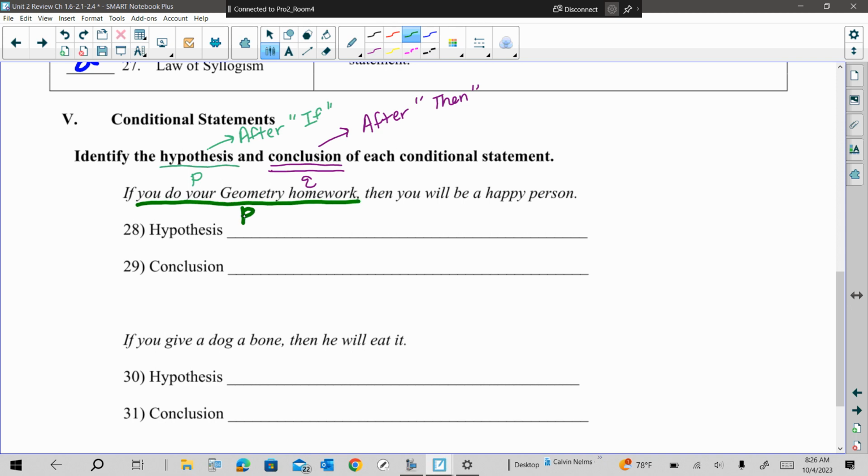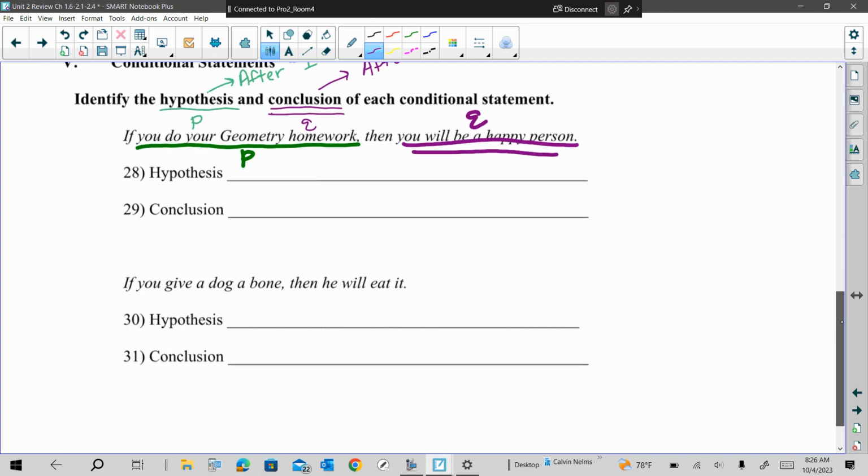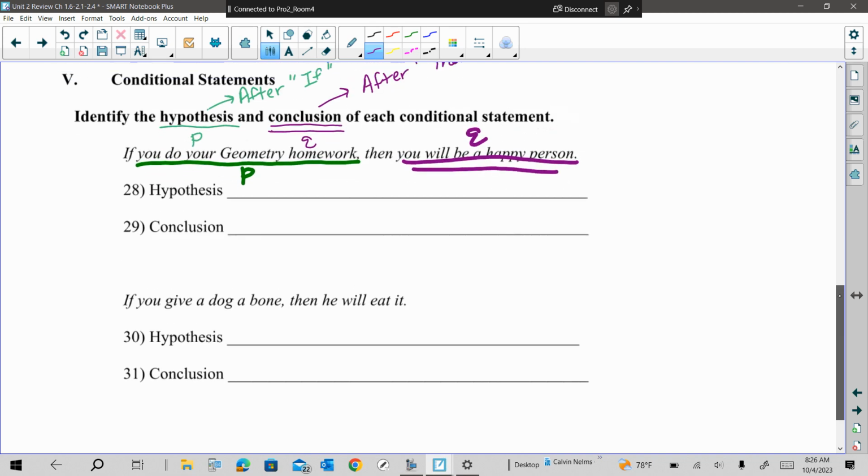Everything after the word then, you will be a happy person, that's the conclusion. So it will ask you on the test to underline or label P, the hypothesis, or label the part Q, the conclusion. So you will have to do the labeling. All right? Do we have questions on this section, just identifying the parts?